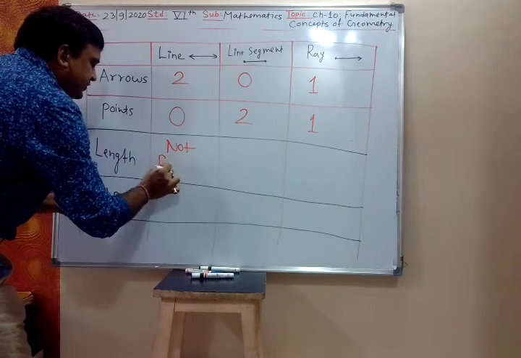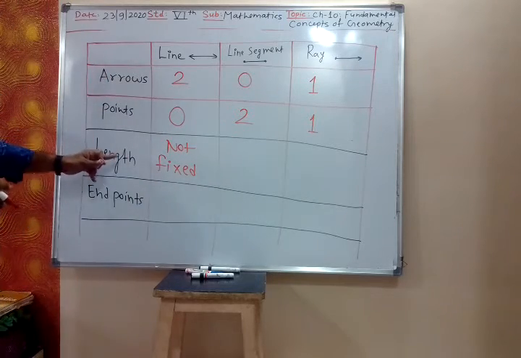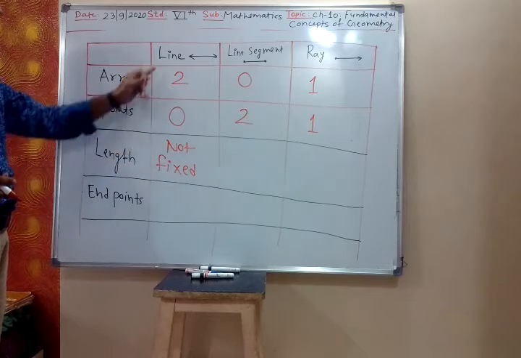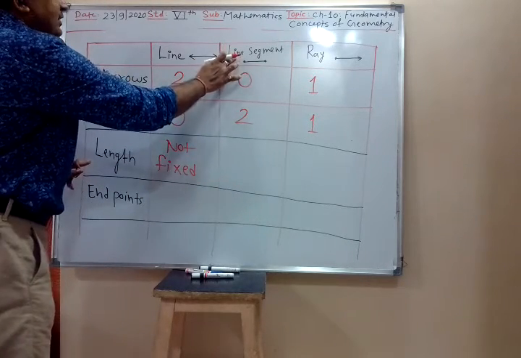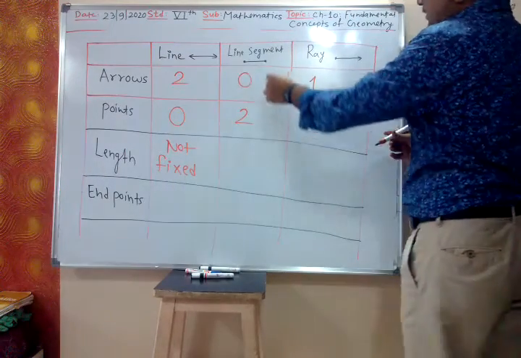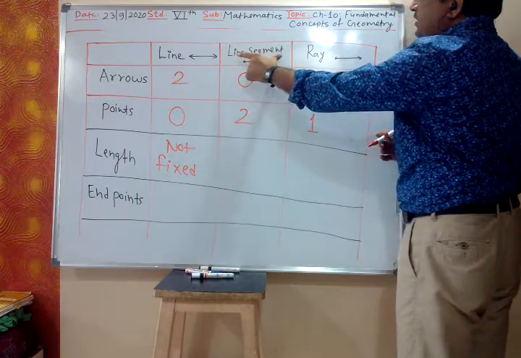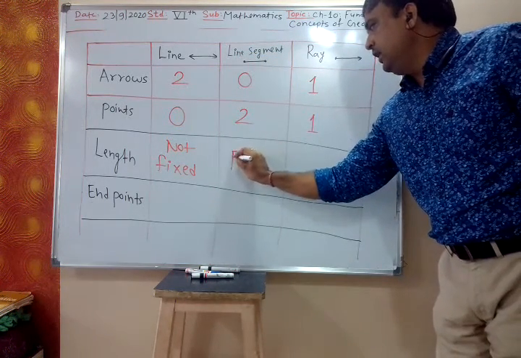The length of the line is not fixed. What about the length of a line segment? Fixed, because there is no arrow at any side, which means the length is fixed.